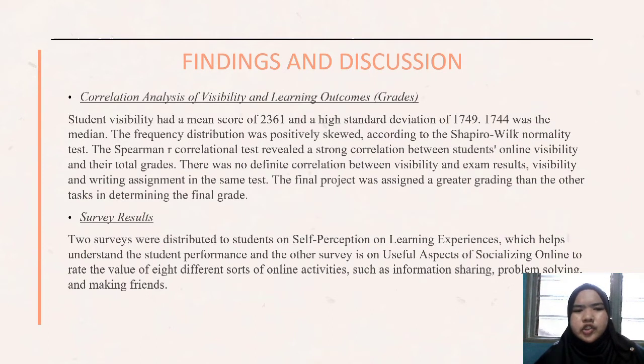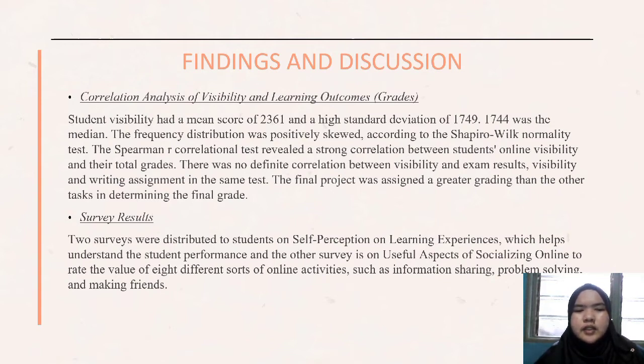Secondly, correlation analysis of visibility and learning outcomes. Students' visibility had a mean score of 2,361 and a high standard deviation of 1,749. 1,744 was the median. The frequency distribution was positively skewed according to the Shapiro-Wilk normality test.